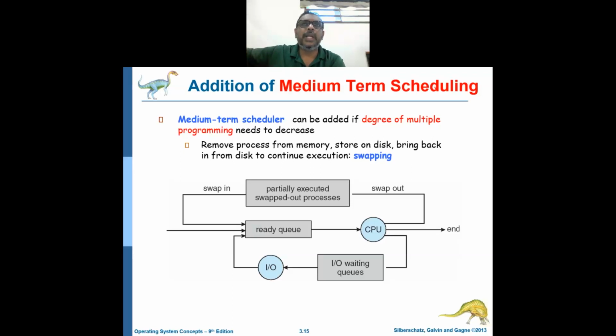Okay, so the medium-term scheduler is added if the degree of multi-programming needs to decrease. So the degree of multi-programming is the maximum number of processes that can run. Let's say the maximum number is 10, and somehow it goes above 10 because of too many processes, too many users.